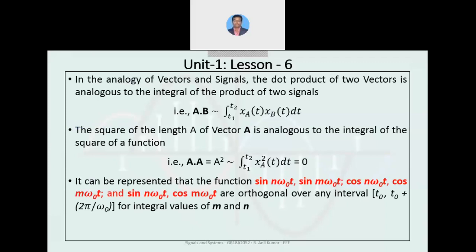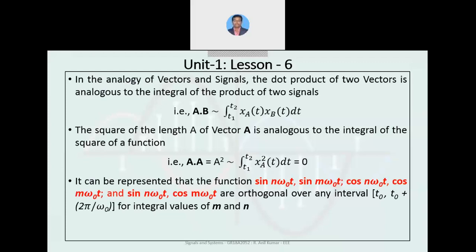It can be represented that the functions sin n omega naught t, sin m omega naught t, cos n omega naught t, cos m omega naught t, and sin n omega naught t, cos m omega naught t are orthogonal over any interval. Please remember these terms. These sine and cos terms are orthogonal over any interval for integral values of m and n.